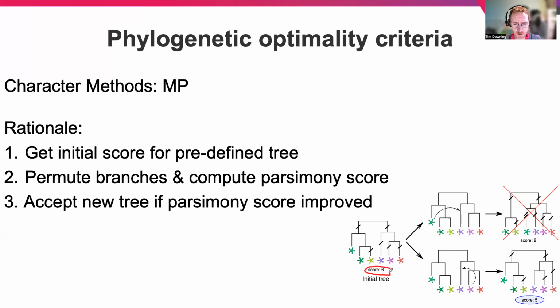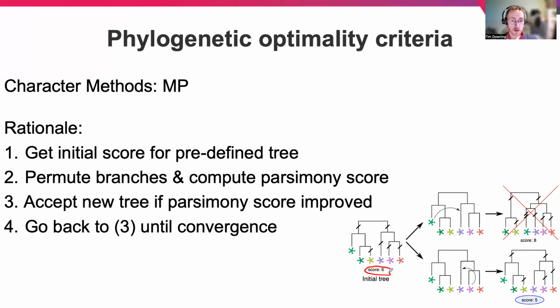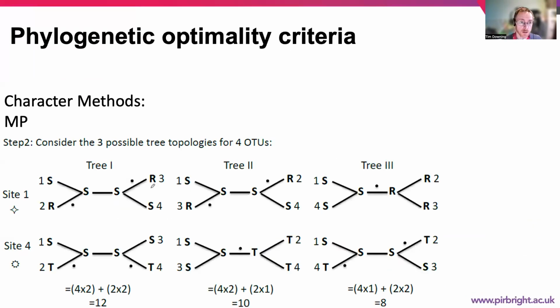So this is an iterative approach that explores the three different tree options that are possible. So you've got a representation of this here, where we've got three possible tree topologies for four outgroups that are present.